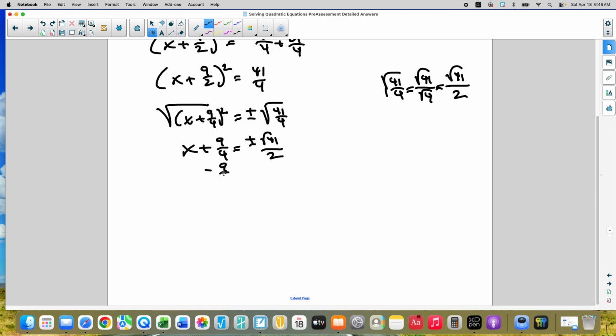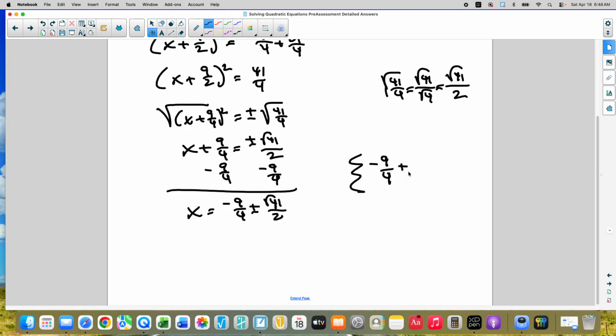Let's minus 9 halves from both sides. You get x equals negative 9 halves plus or minus rad 41 over 2. That is one of the answers that I will accept. Make sure it's over 2. Square root of 4 is 2.